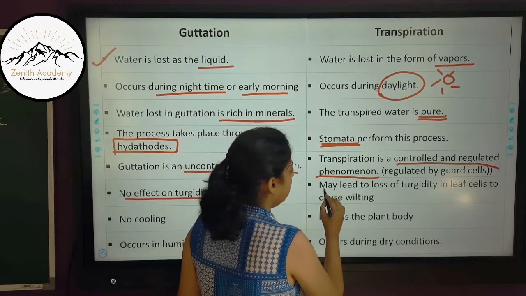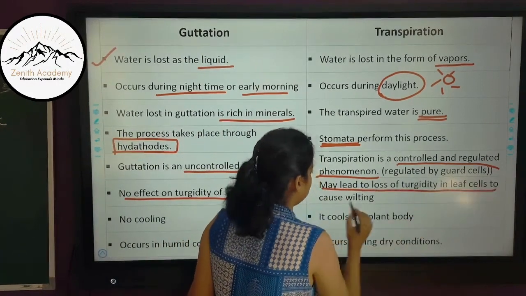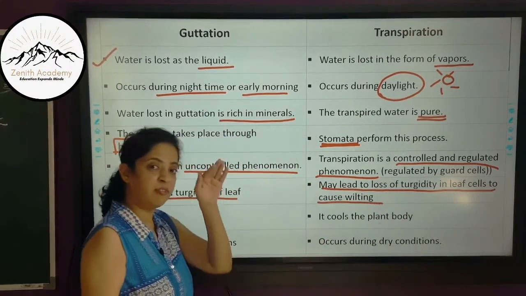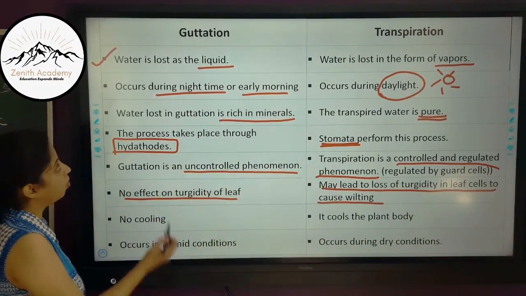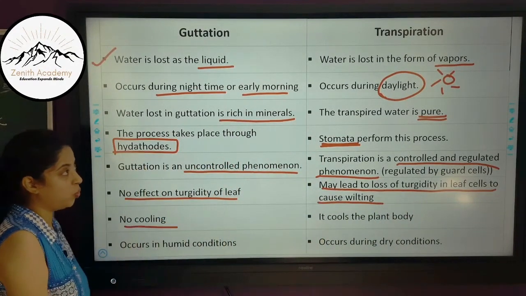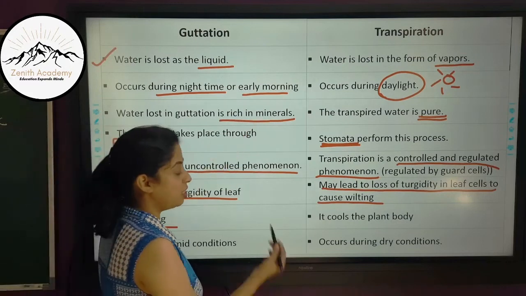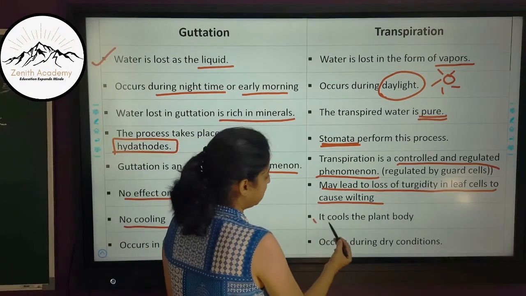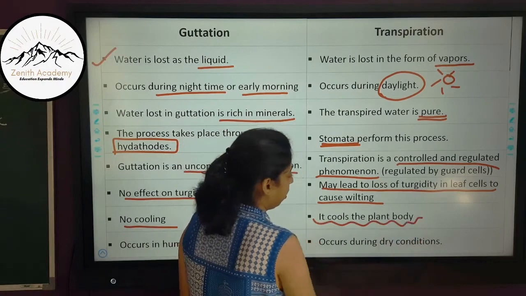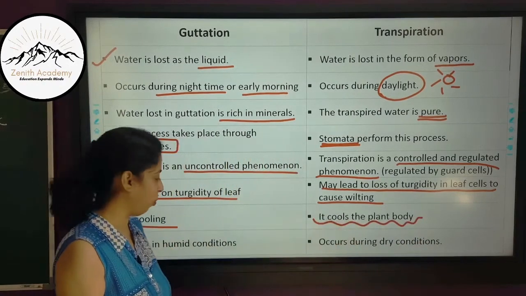So it may lead to loss of turgidity in the leaf cells to cause wilting and the leaves will wilt. Now we know guttation causes no cooling, whereas transpiration is a special type of evaporation and that is why it cools the plant body.